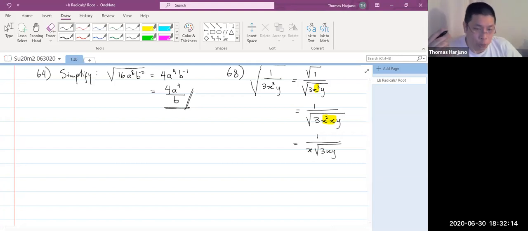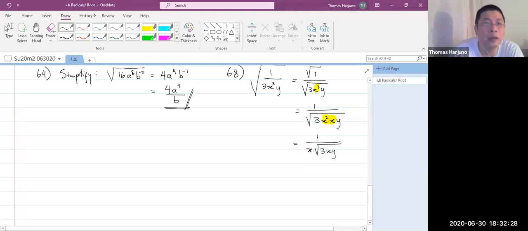Now, here's another issue. Besides that we don't like negative exponents, we also don't like to have a radical in the denominator. So how to clean it up? We multiply the top and the bottom by square root of 3xy. But simplify that first. The reason I multiply by itself is because I try to use this property here.